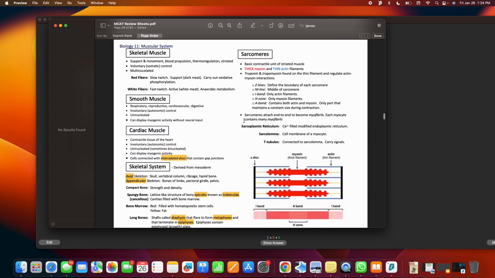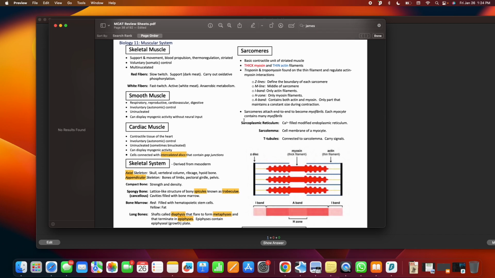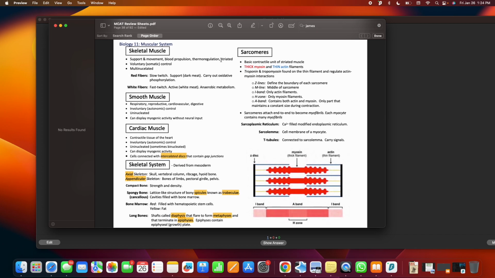Then we have sarcomeres. Now we go into muscles. They are the basic contractile unit of striated muscle. And when we're talking about striated, we're talking about skeletal muscle, not smooth muscle or cardiac muscle.